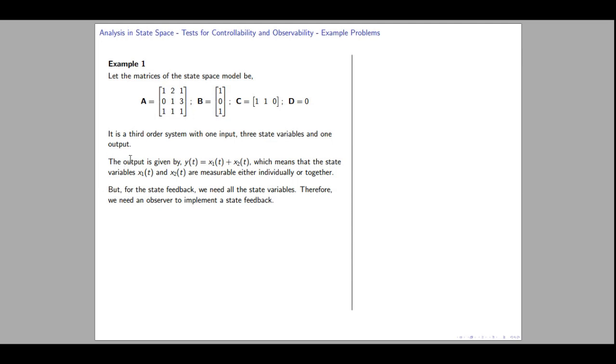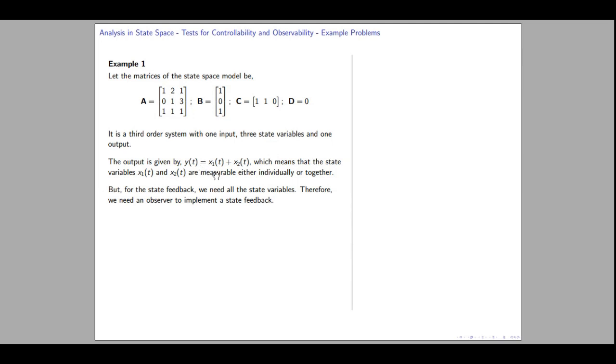The output y of t is equal to x1 of t plus x2 of t, because we have 1 1 for x1 and x2. As I have already told you, we call some variables outputs if they are measurable.